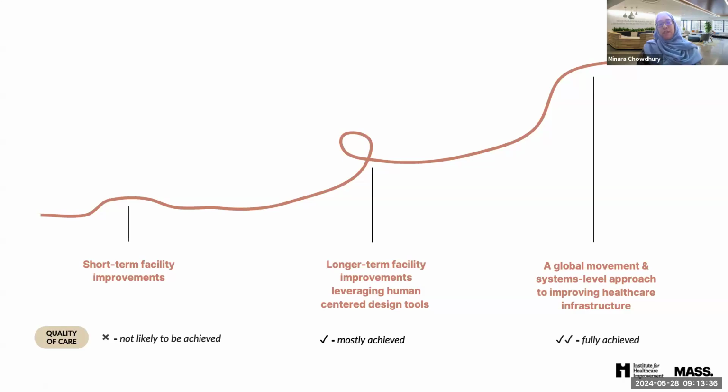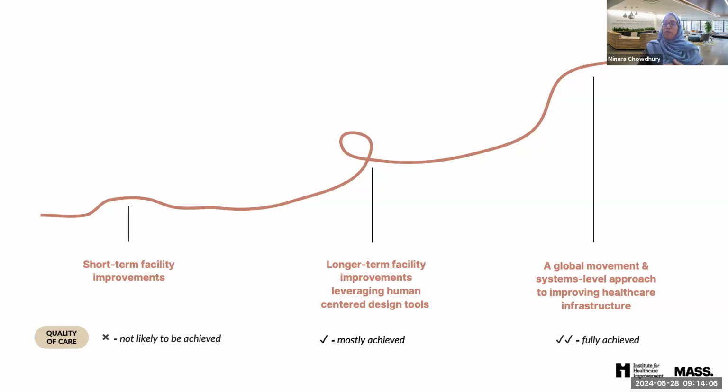Our theory and our hypothesis really is that if we do short-term facility improvements, we're not likely to improve long-term quality of care. In fact, what we're going to do is put a sticky plaster over a situation. We'll just change the corridor from here to here, or we just add a little annex here. But the reality is we haven't really solved our main problem of addressing quality of care.